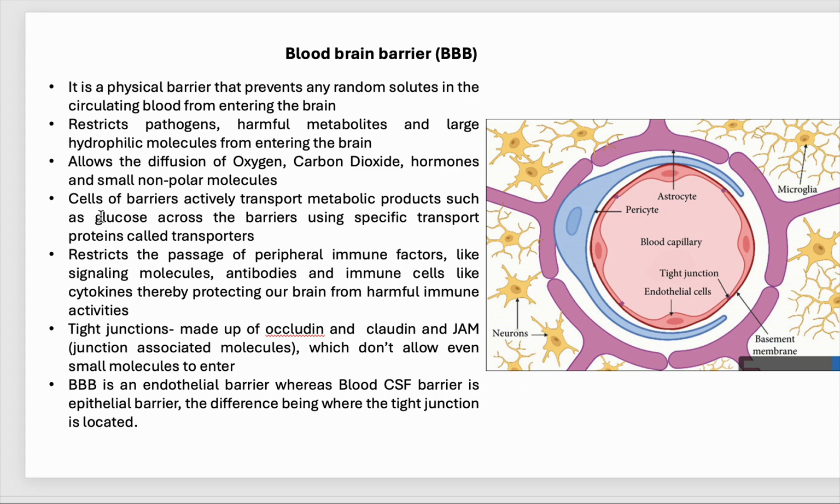Small molecules like oxygen, carbon dioxide, and some of the hormones and non-polar small molecules can cross these barriers, but most of the larger molecules and polar charged molecules cannot cross this barrier because they are tightly bound.